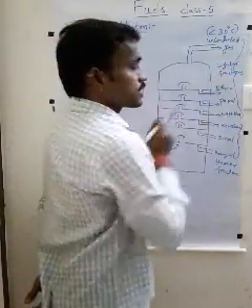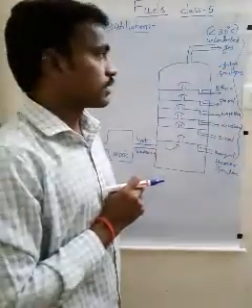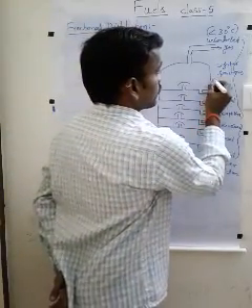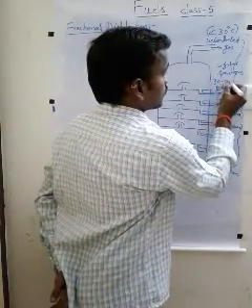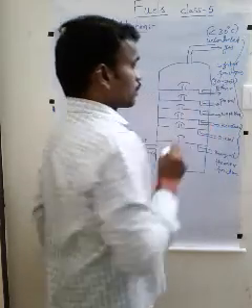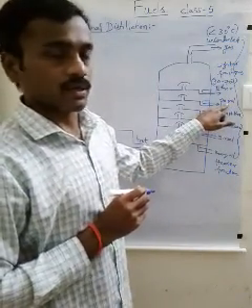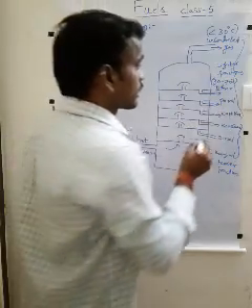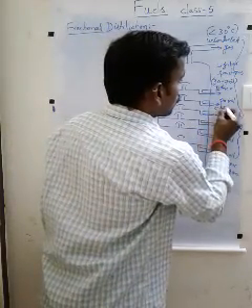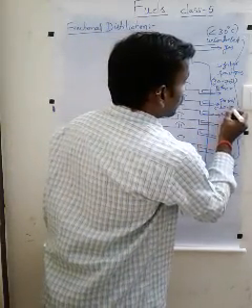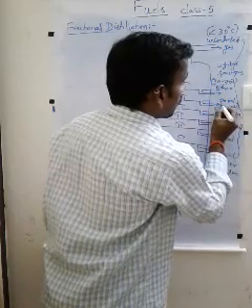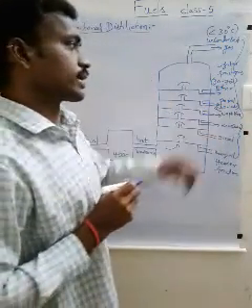For the fraction ether, the boiling point range is 30 to 70 degrees centigrade. For petrol or gasoline or motor spirit, the boiling point range is 40 to 120 degrees centigrade.